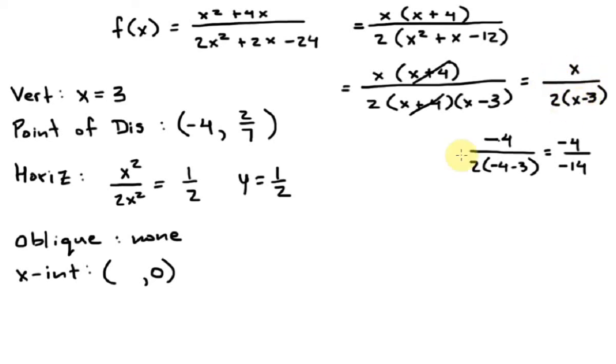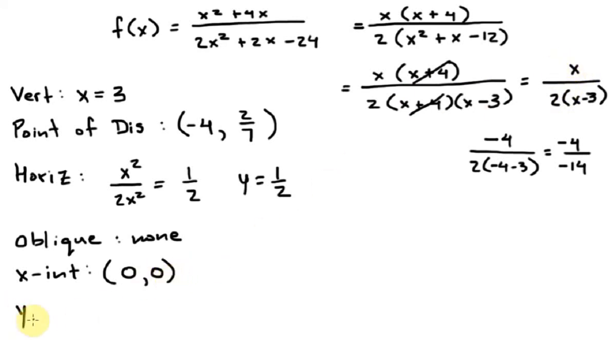And 0 is allowed, so I think we have an x-intercept when x is 0. I don't think we have any other place, because -4 is already part of a point of discontinuity, so that's been used. And the 3 is a vertical asymptote. So only when the top is 0, so (0, 0).